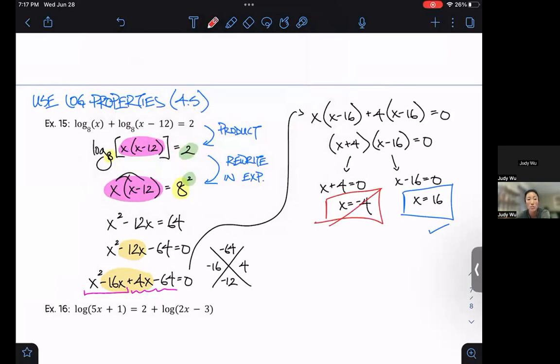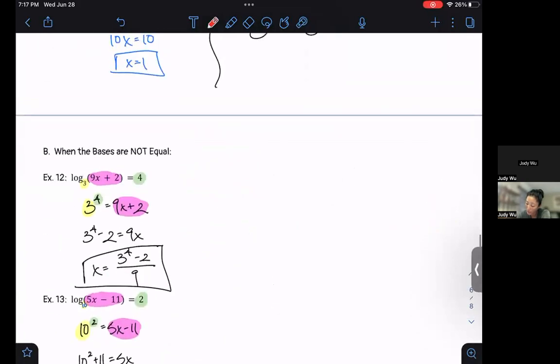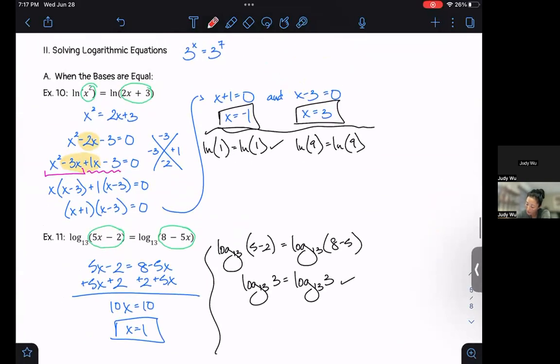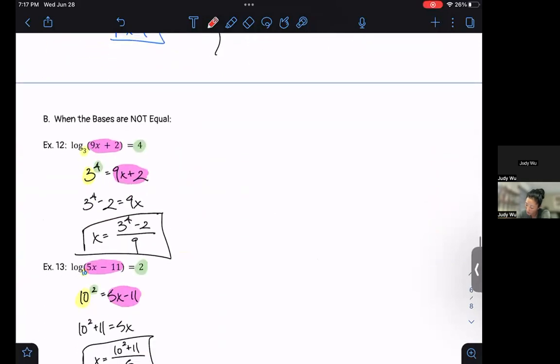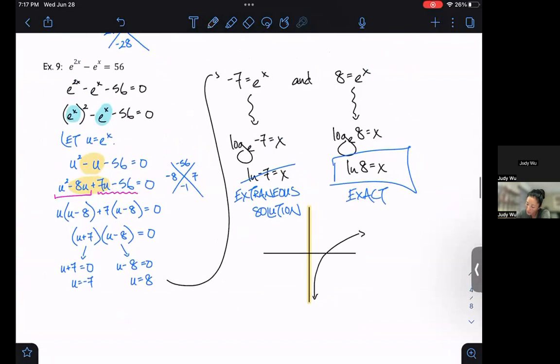And it's important that you know why that -4 is not an input, okay? And if you're not sure, it might be useful to go back and think about some of the other questions in here. In particular, maybe example 9, how we talked about why that is not an actual answer, okay?